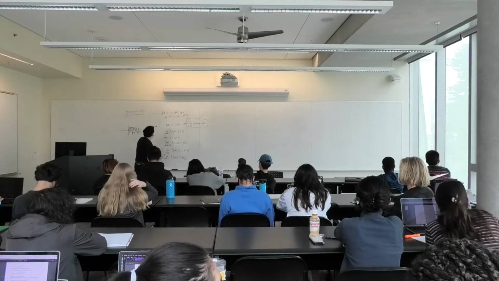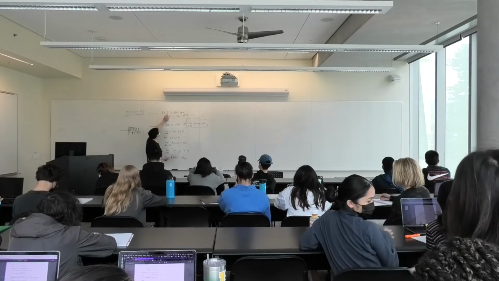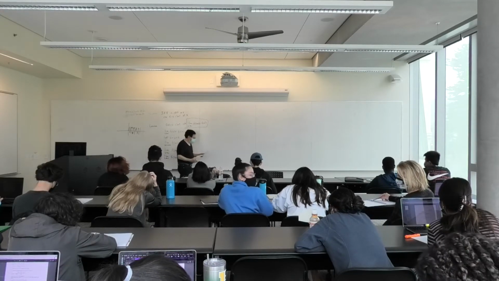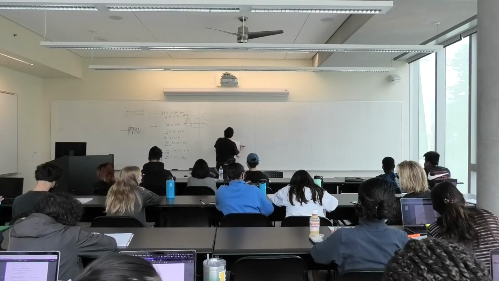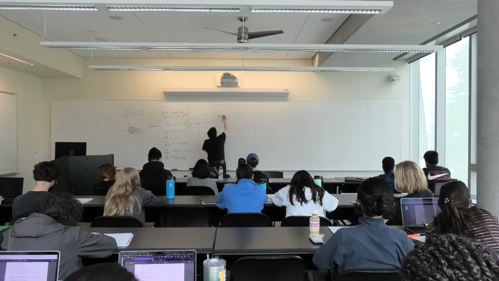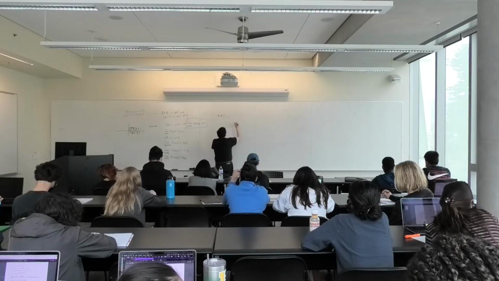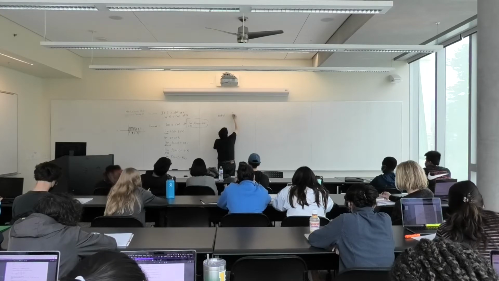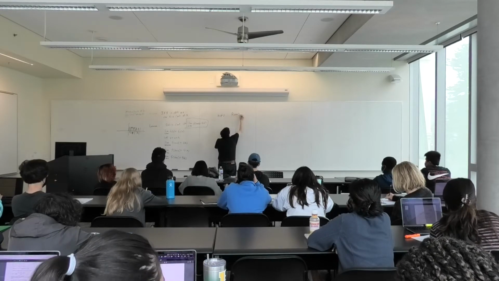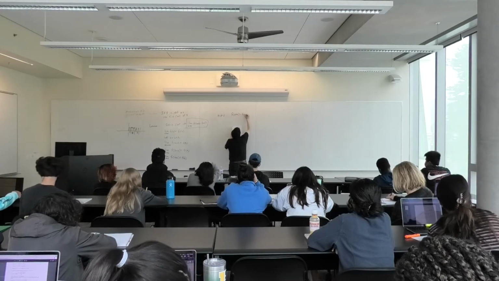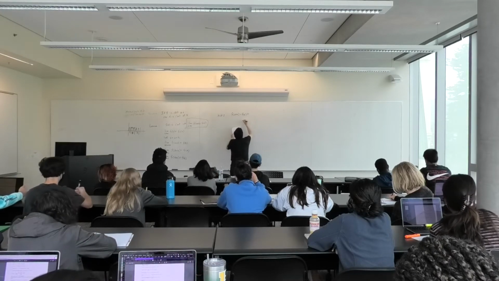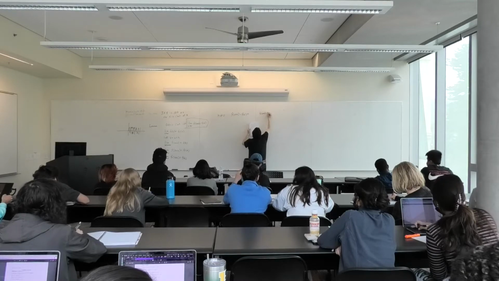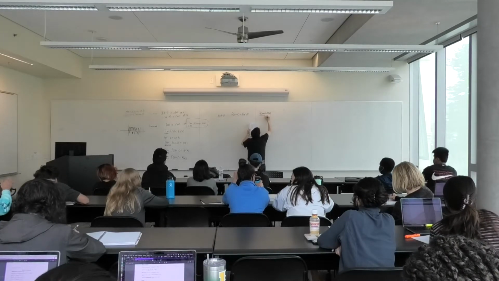Okay. So getting back, we want to prove that if f is differentiable, then f is continuous. So we start by noticing that if h is not 0, then f of x plus h minus f of x is equal to f of x plus h minus f of x over h, times h.